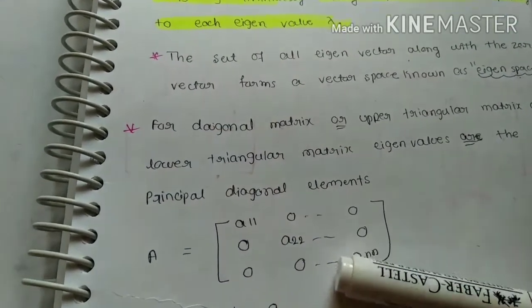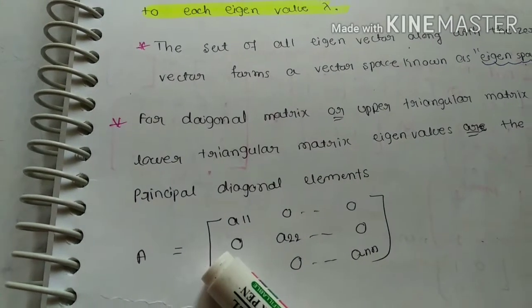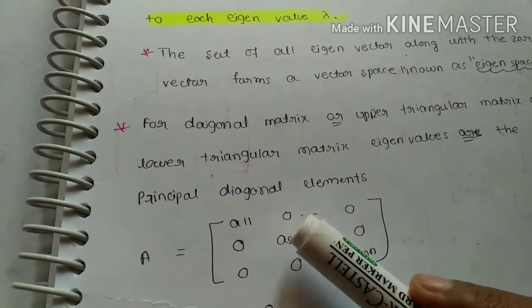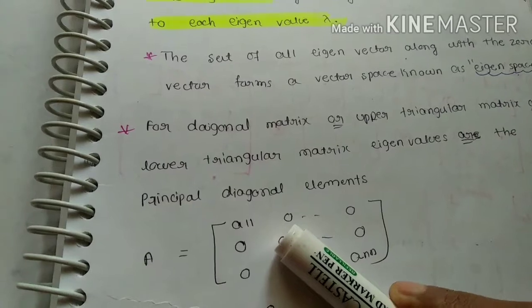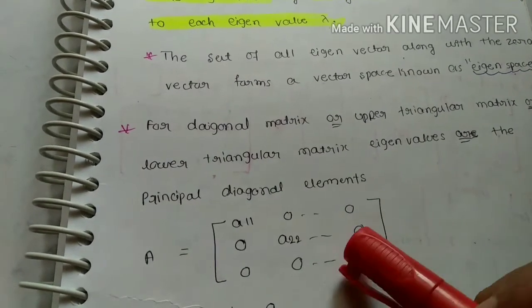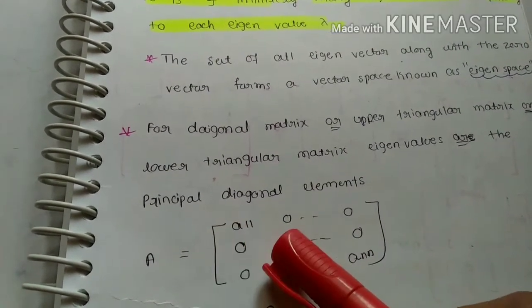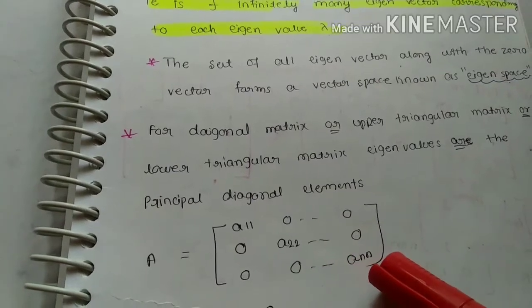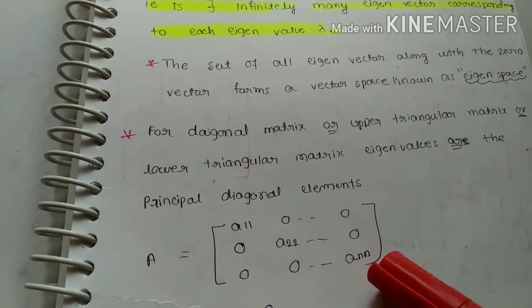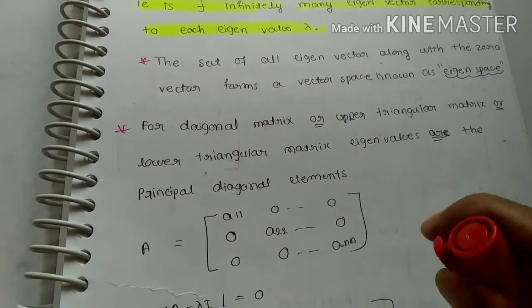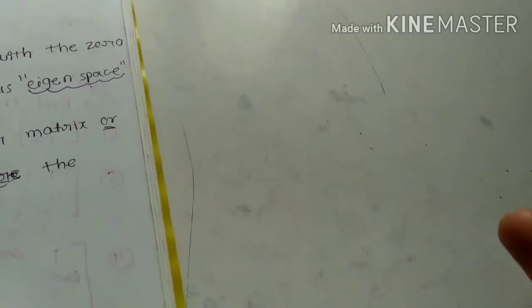Okay, so in your question if you get an example like this and they ask for finding eigenvalues, then you can easily say that a1, a2 and so on up to an are the eigenvalues. Okay, if you want, I'll give you an example here.